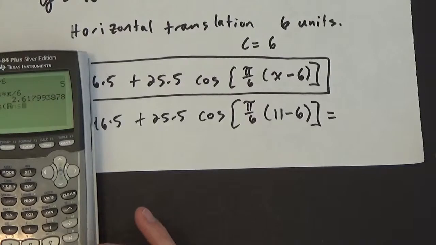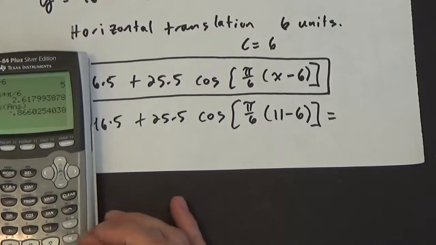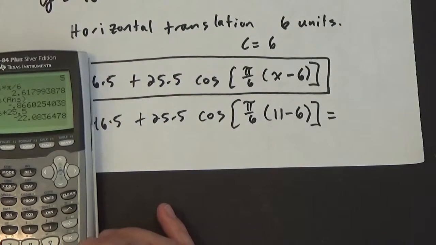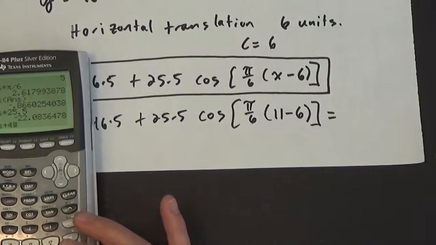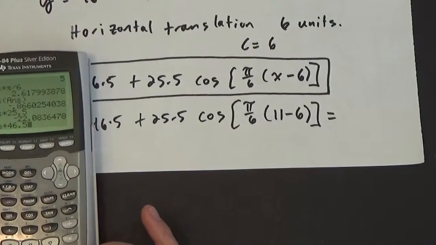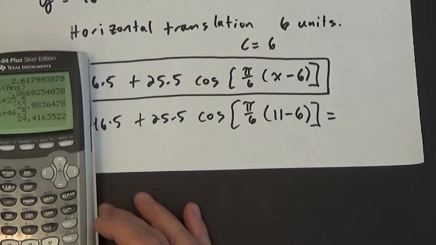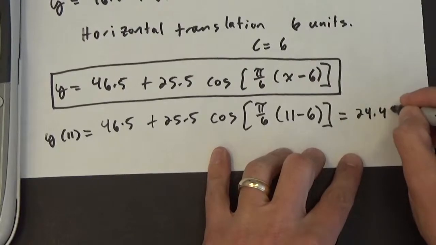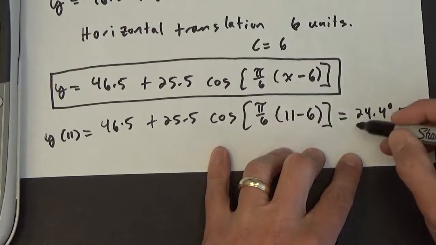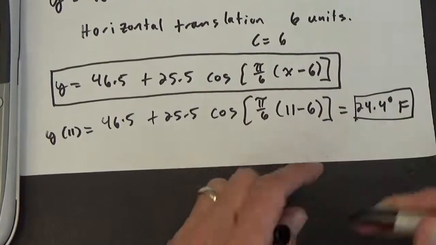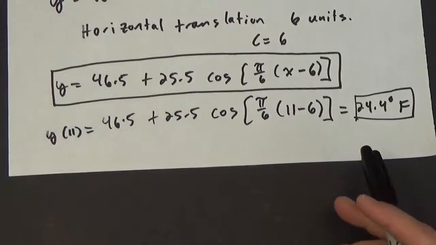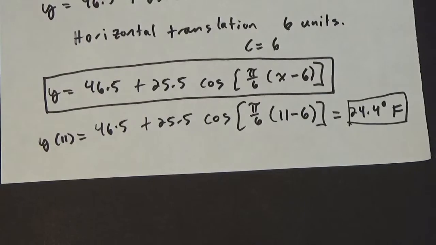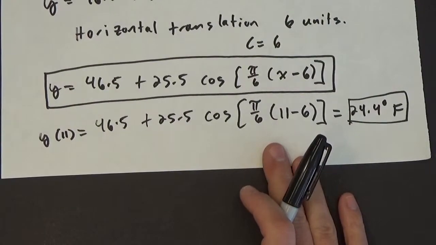Let's take the cosine of that answer, multiply that by 25.5, and add that to 46.5, and we end up with 24.4 degrees Fahrenheit. And so according to our model, there is the normal temperature in December.